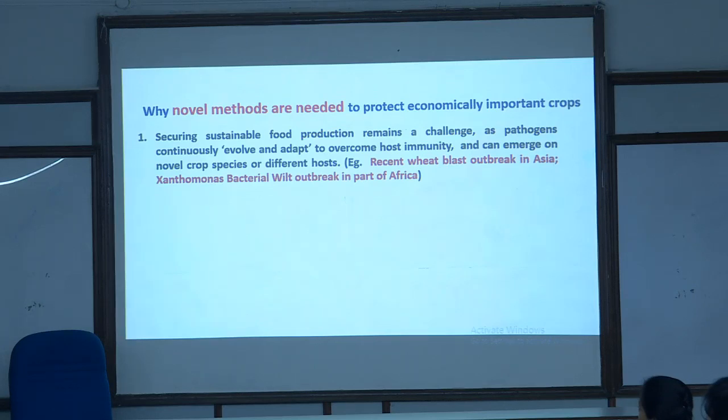So these two incidents give us enough evidence to say that the crops are not really safe. It is only time that is going to decide whether the crop is going to be free from the pathogens or not. The statement here is that pathogens continuously evolve and adapt, that's the reality, to overcome the host immunity.